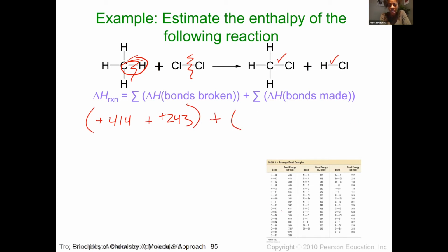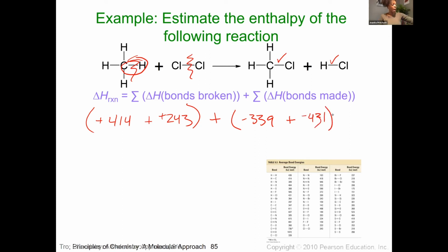So that's the C to Cl bond. I think that C to Cl is 339. So negative 339. And again, we say negative because it is being made. It's exothermic, plus the H to Cl bond, which is 431. And we'd say negative 431.